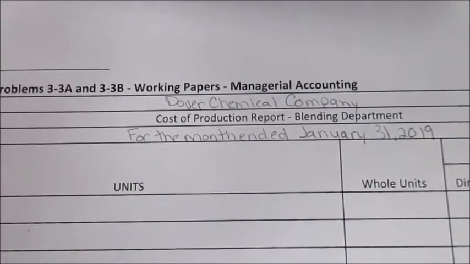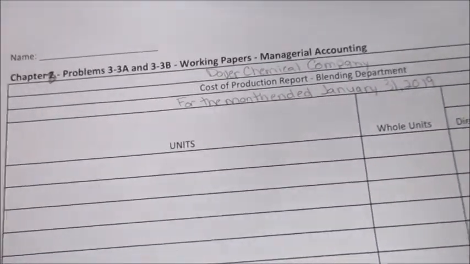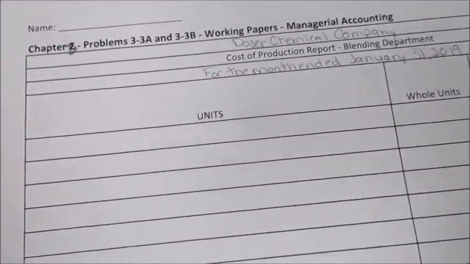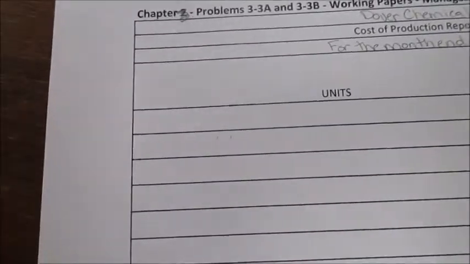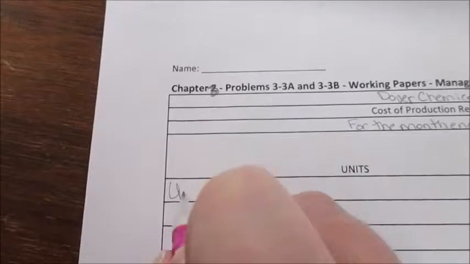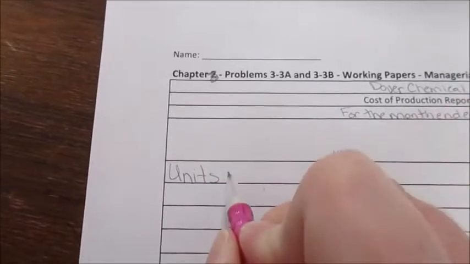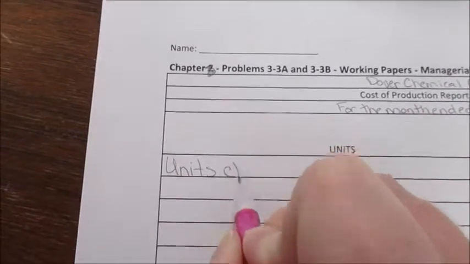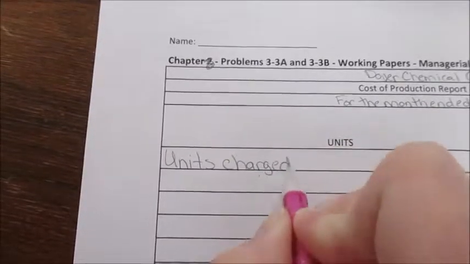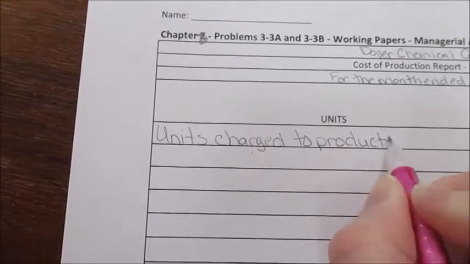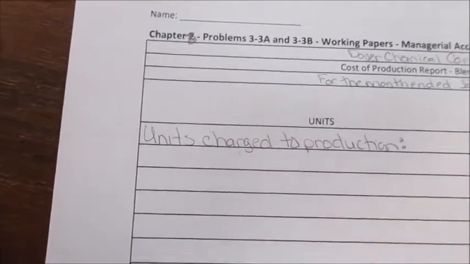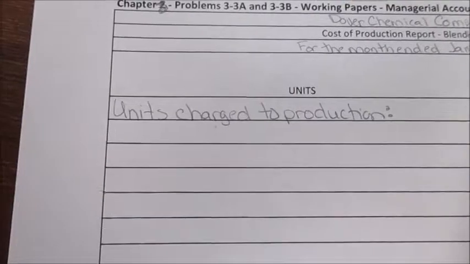Okay, we learned in our chapter PowerPoint that we need to track the number of units that are in our beginning inventory, our work in process, our finished inventory, and so on and so forth. So we're going to start over here on the left with units, and our first title is going to say units charged to production, colon.